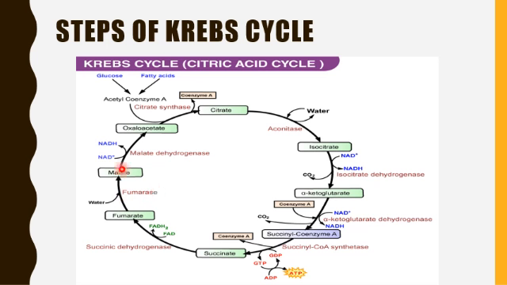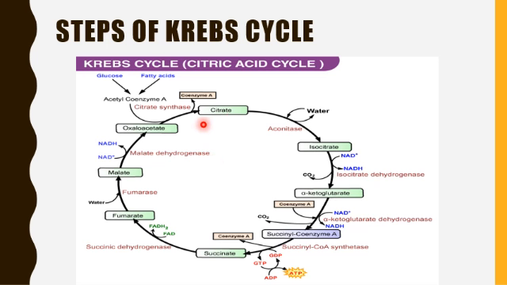Now malic acid again undergoes the dehydrogenation in the presence of the enzyme malate dehydrogenase, and NAD is converted into NADH. Now oxaloacetic acid forms. Now again the reaction will continue and the cycle will continue.